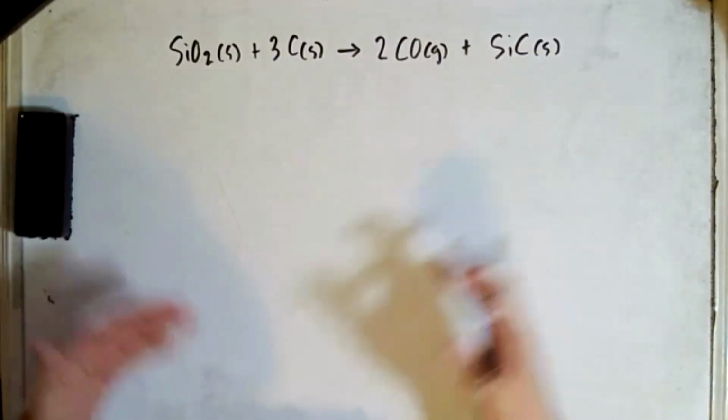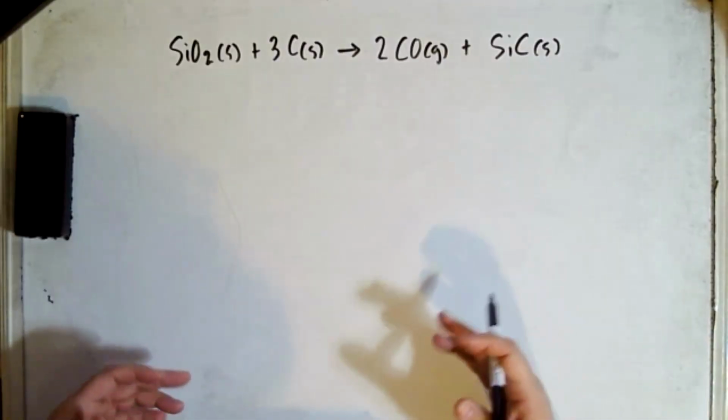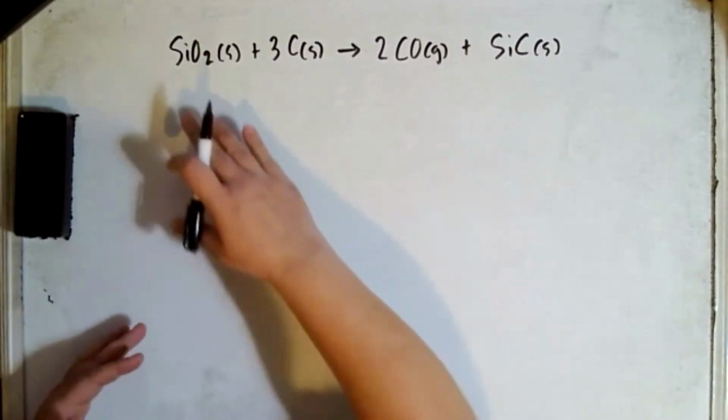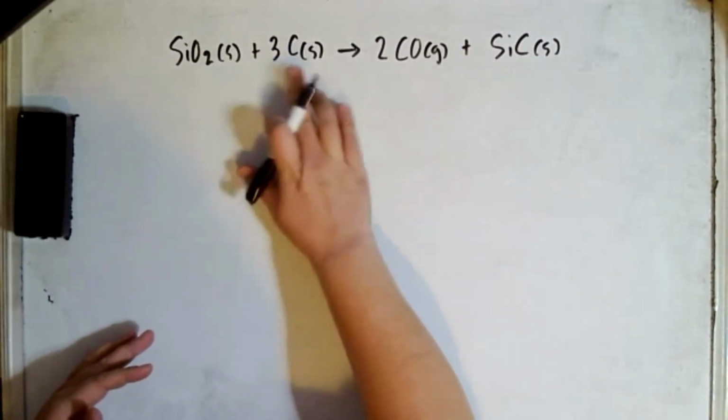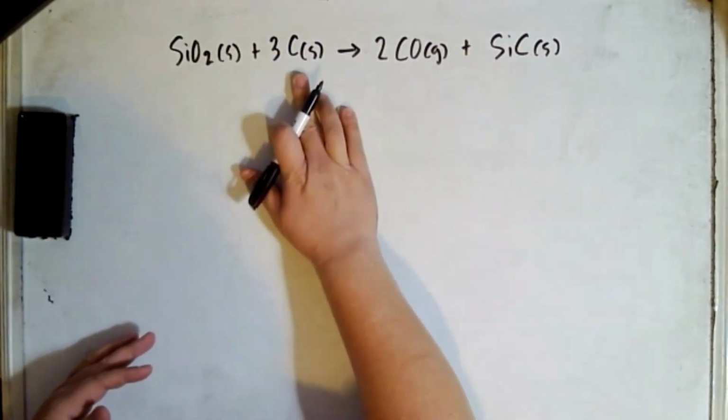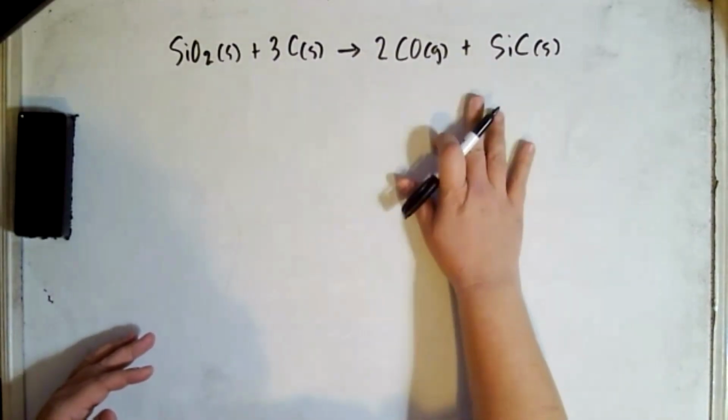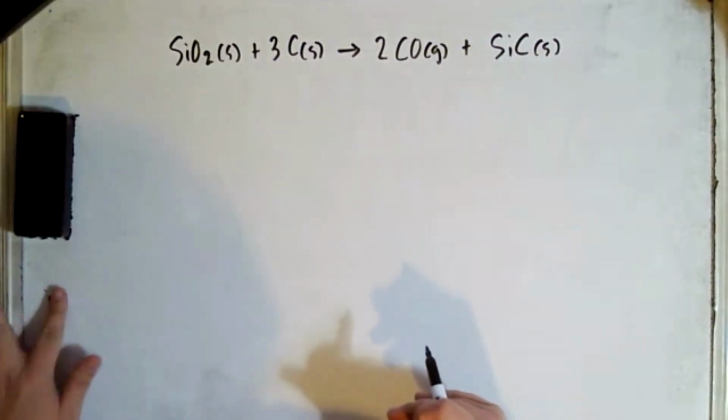But we've gone through balancing the reactions now. So we would be able to tell that if you have silicon, oxygen, and carbon on your reactant side, you need to have silicon, oxygen, and carbon on your product side as well.